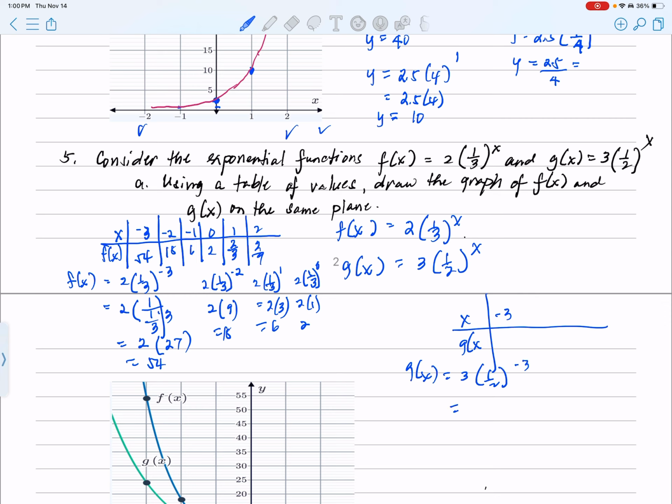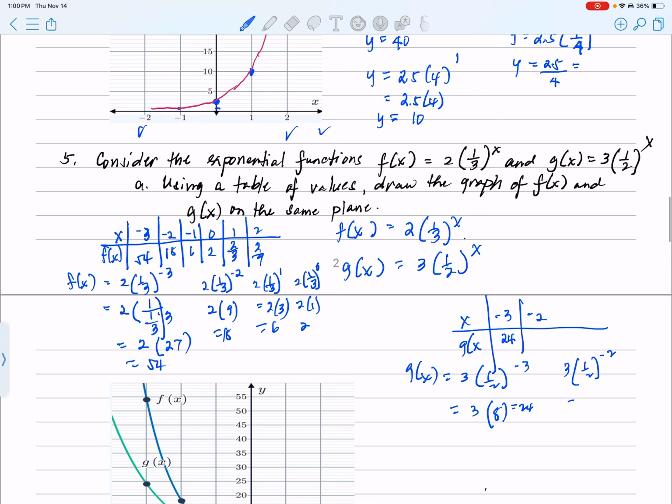Get the reciprocal, that is 2 to the power of 3, that is 2 times 2 times 2, that's 8. 3 times 8, that is 24. When it's negative 2, you have 3 times 1/2 to the power of negative 2. Get the reciprocal and multiply 3 times 4. That would be 12.